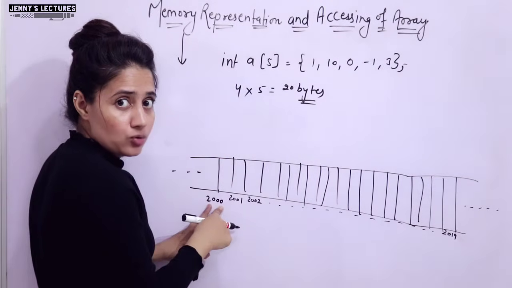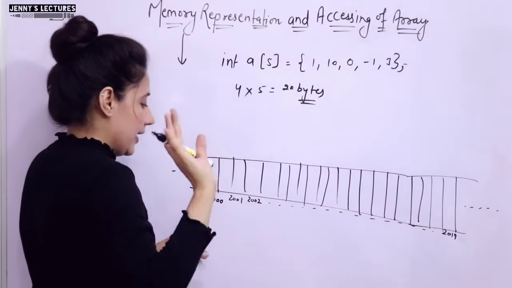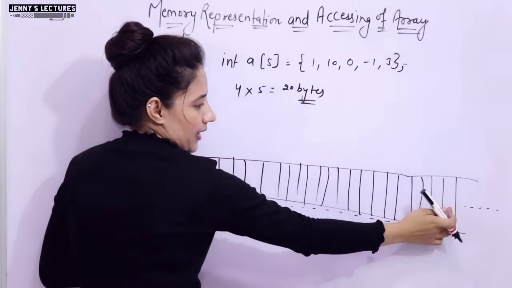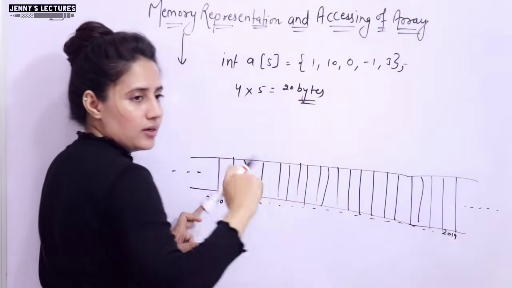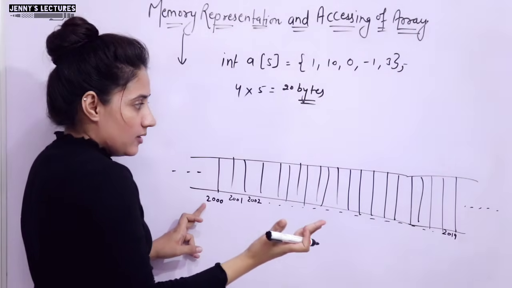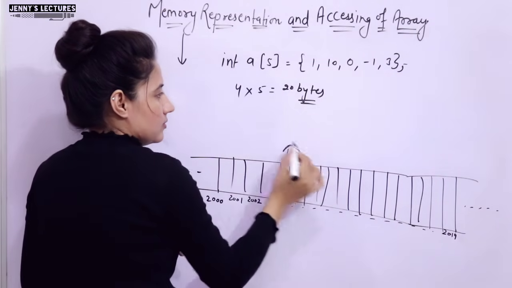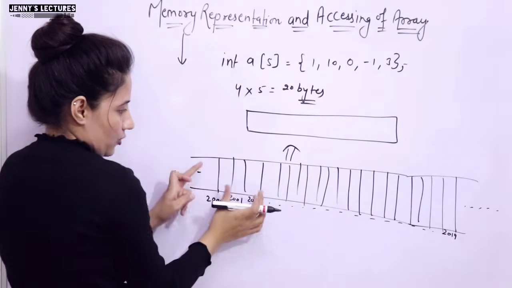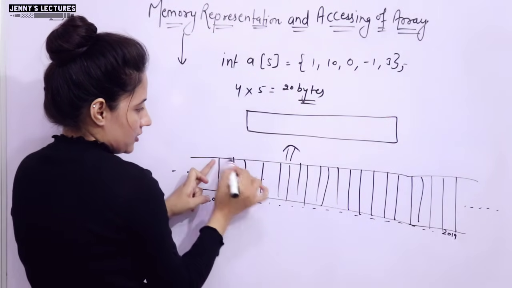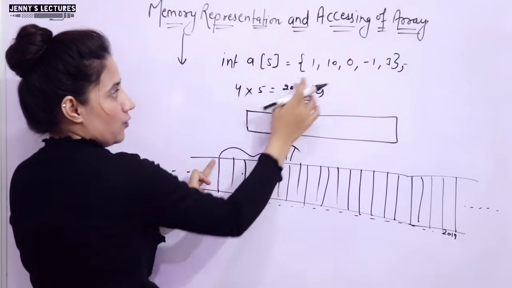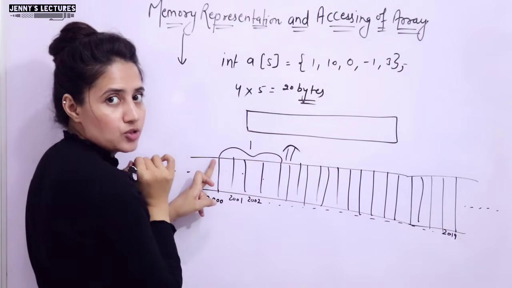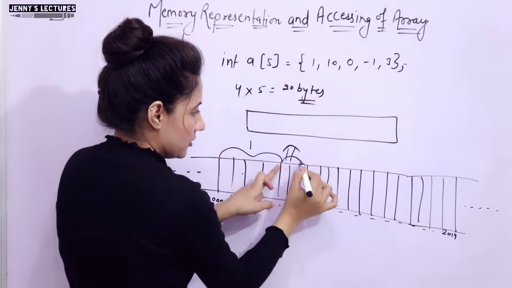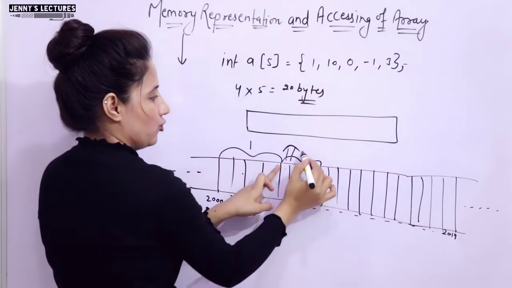Suppose the base address is 2000. It would be in hexadecimal form, but for simplicity I am taking 2000, and the address of the last byte would be 2019. So here I am writing something like this. In the first 4 bytes, the first integer would be stored, like 1. In the next 4 bytes, 10 would be stored.